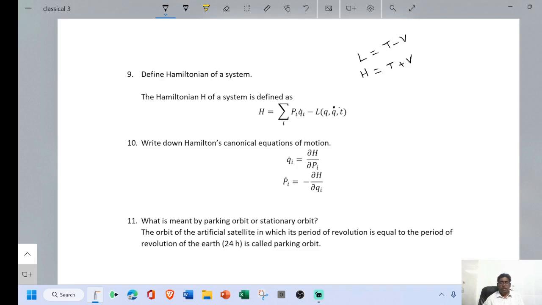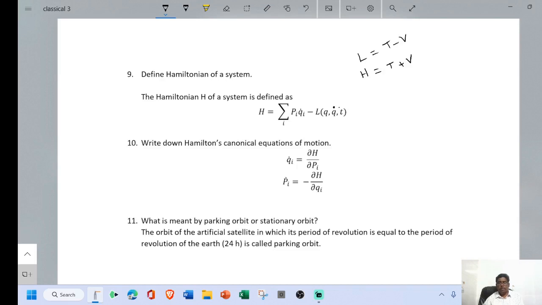And see the 11th question. What is meant by parking orbit or stationary orbit? The orbit of the artificial satellite in which its period of revolution is equal to the period of revolution of the Earth is called parking orbit.